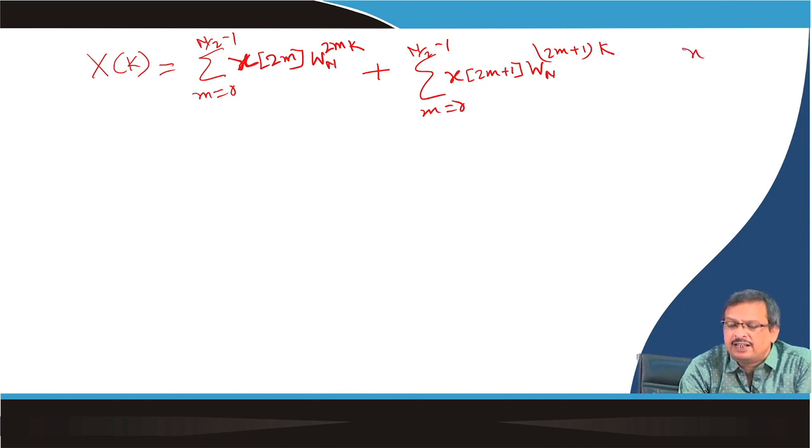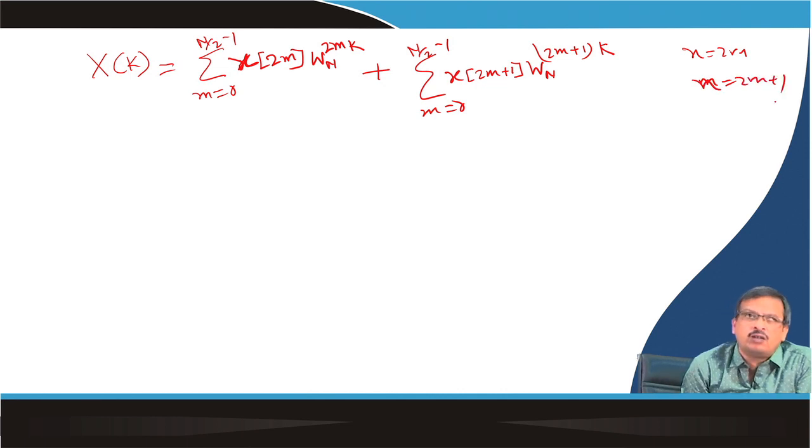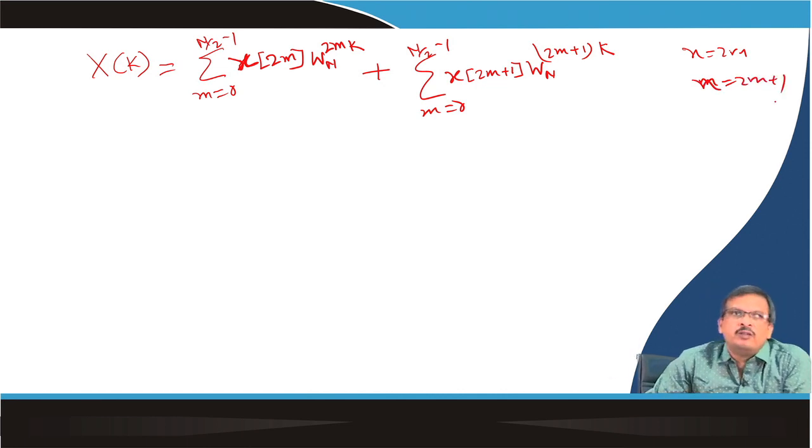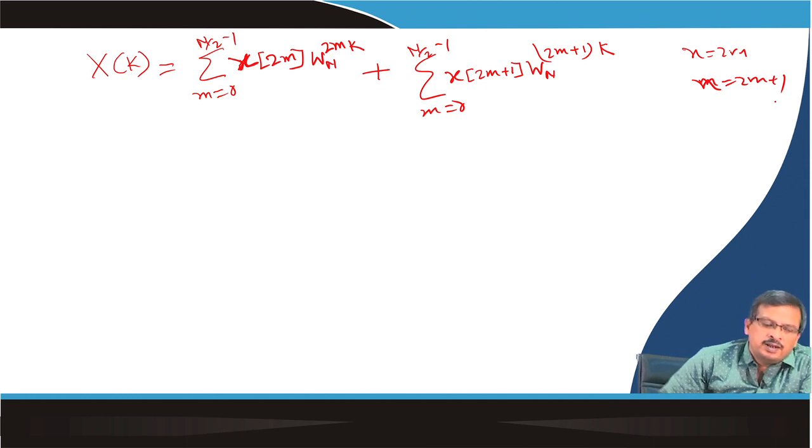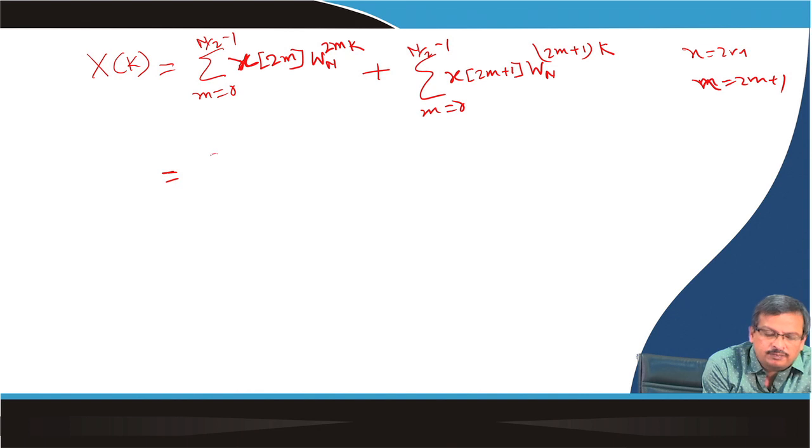So n is replaced by 2m for even and 2m plus 1 for odd. Now, if I do that, how can I write this down?